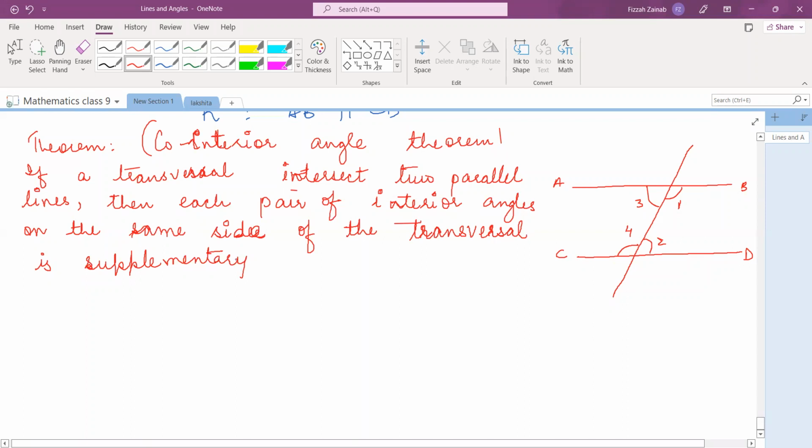Please write this, then I'll explain. After transversal, you can write here: pair of interior angles on the same side of transversal. In bracket, you can write co-interior angles.